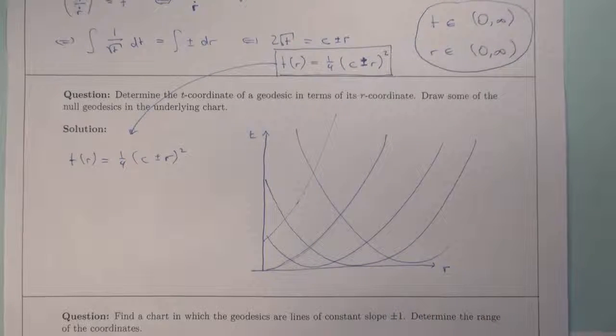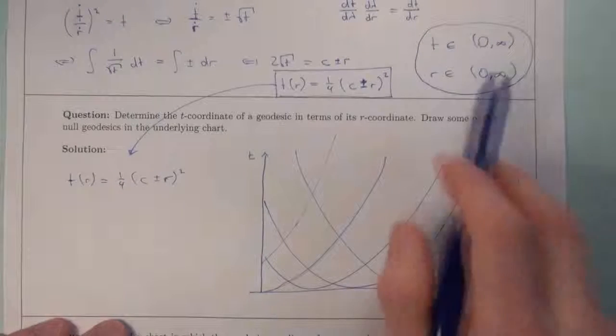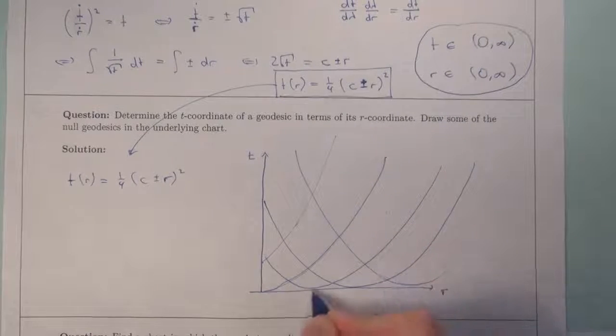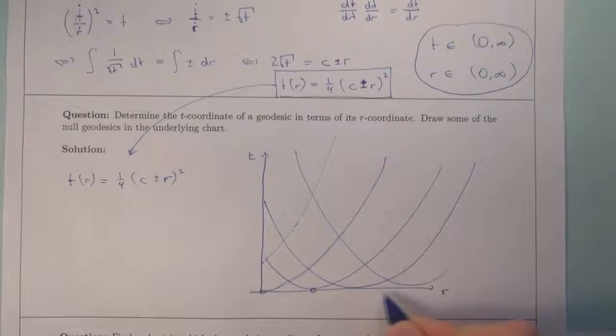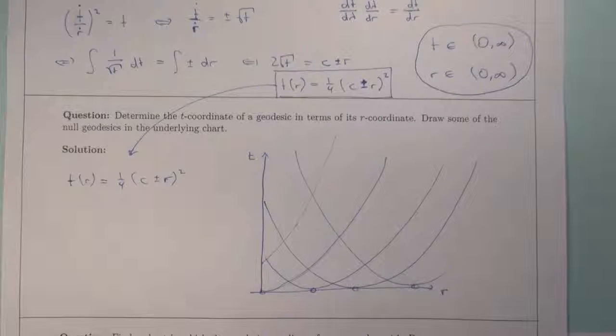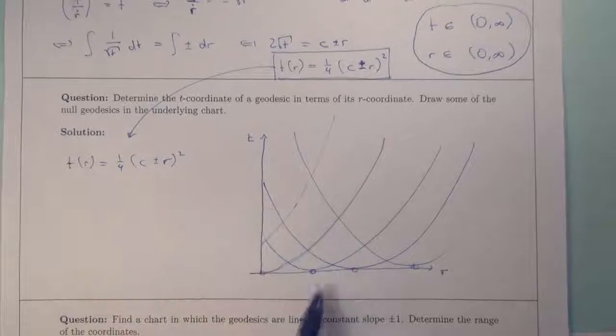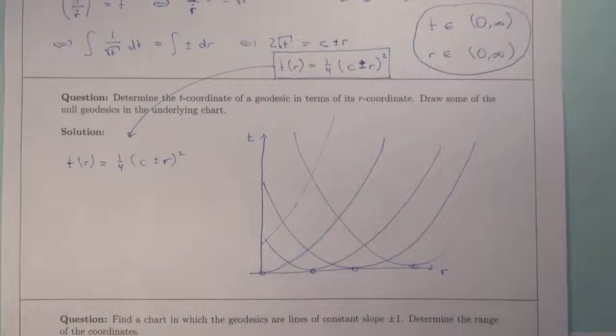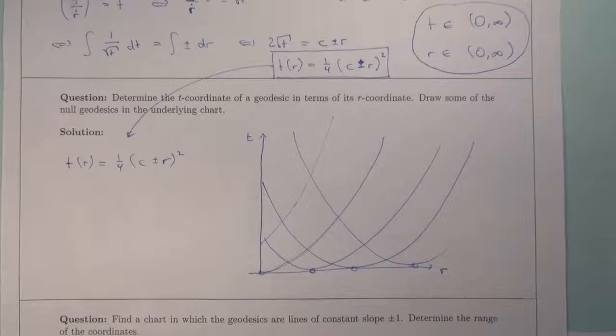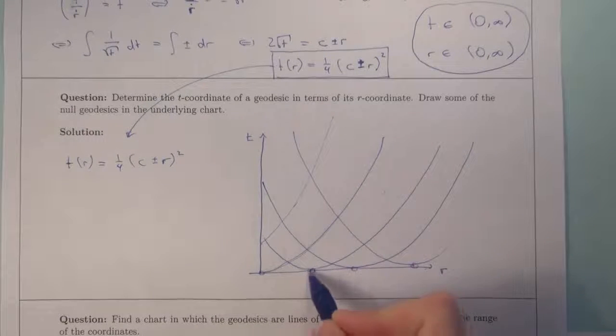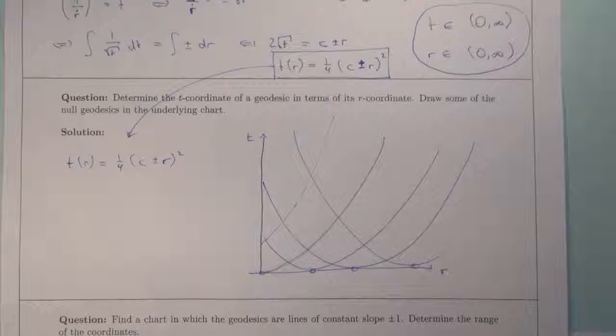But one thing that is important: since we specified these ranges, these parts are not part of the diagram. So t is larger than 0. That means here these are really two different geodesics. This is the first and this is the second one in that chart. That's how it looks.